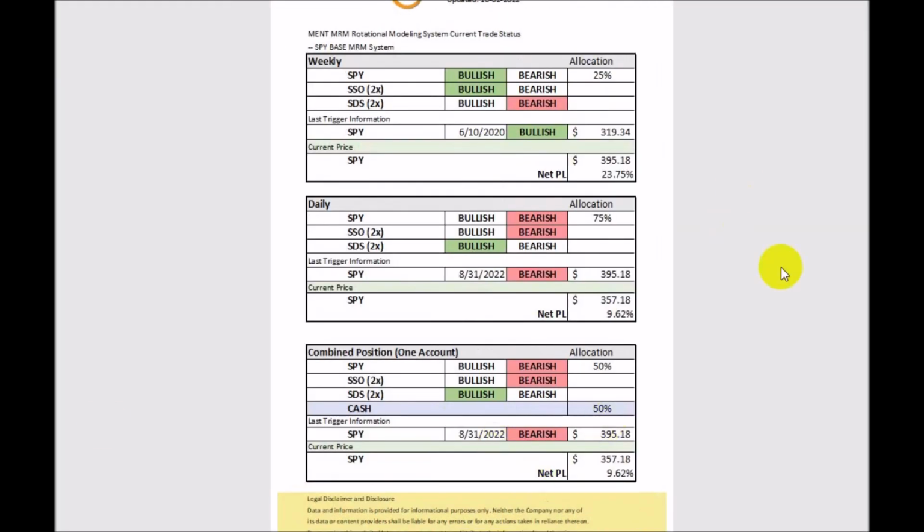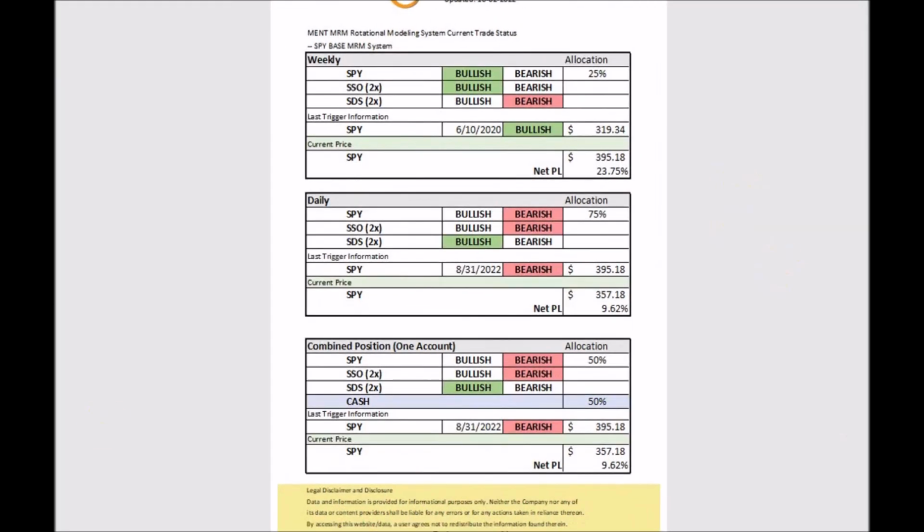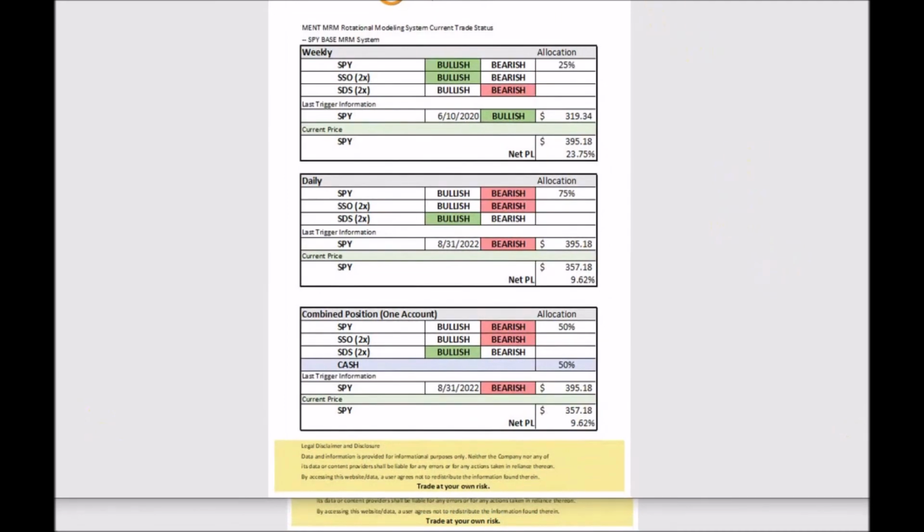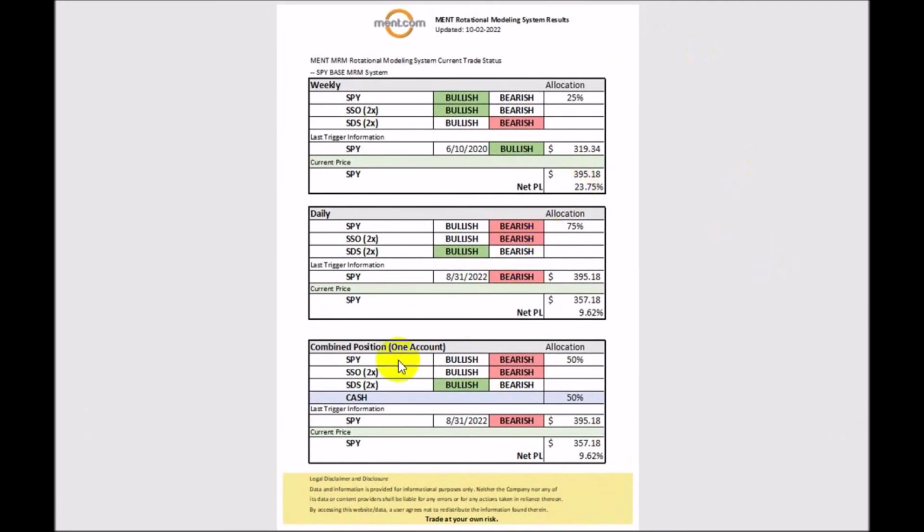The new position management window has a new update, which is that I have created this combined position right here. So if you are trading one account and you want to stay protected, it's going to basically be bullish, bearish, SPY, and an allocation level and cash.